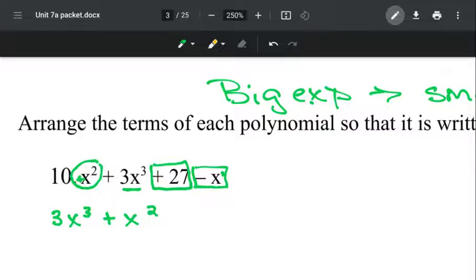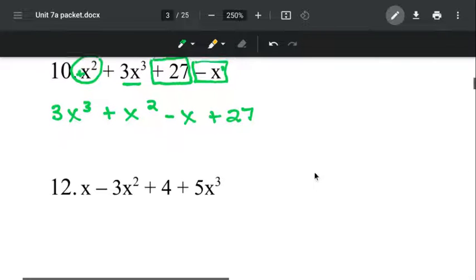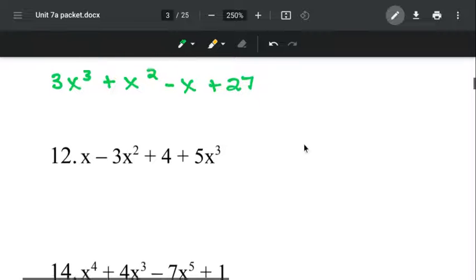So I'm going to put that first, the minus goes with it, and then plus 27. It's technically an easy problem, but it gets tricky with the details. That's really the theme for this whole unit. Let's scroll down. I'm just going to do this column because it's easier to move. Pause the video, give number 12 a try.